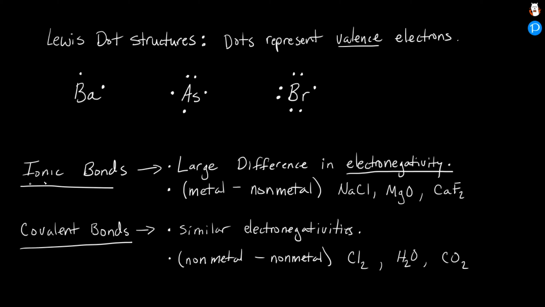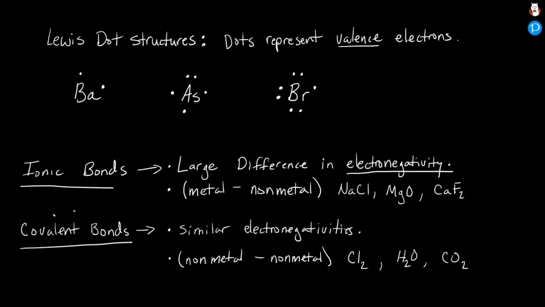And those are called ionic bonds. So that's going to be between a metal and a nonmetal. Some examples would be sodium chloride, magnesium oxide, or calcium fluoride. I have a metal attached to a nonmetal. And because there's such a large difference in electronegativity, we can think of it as a transfer of electrons.